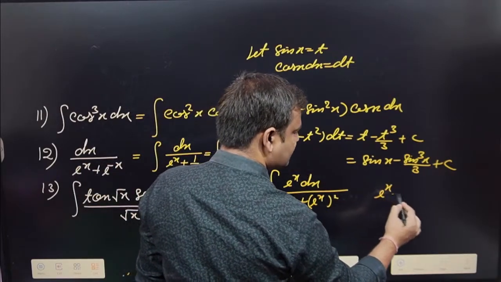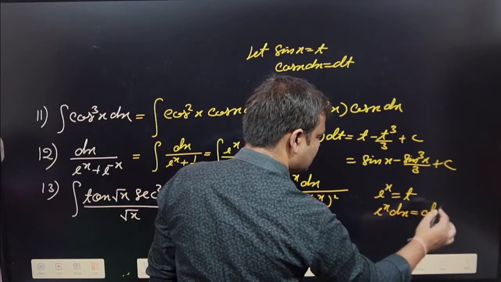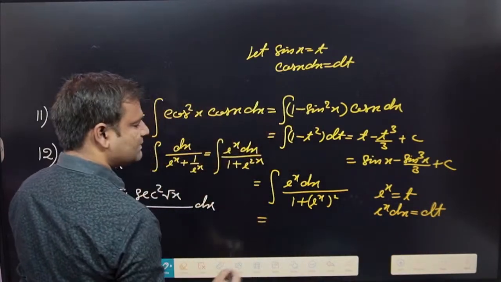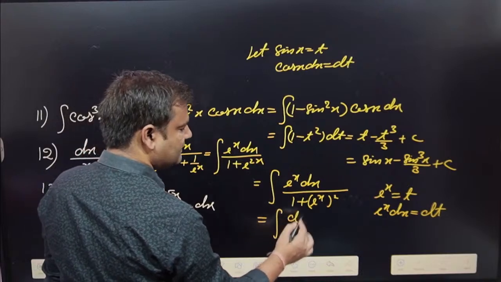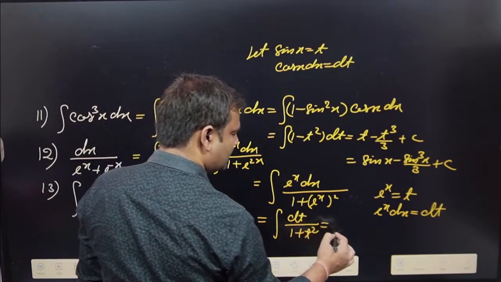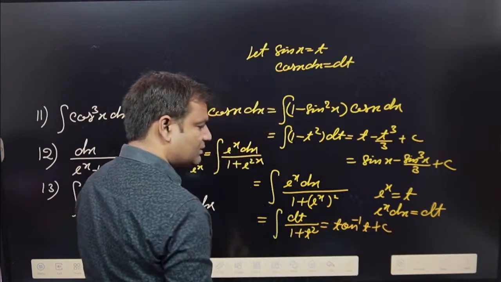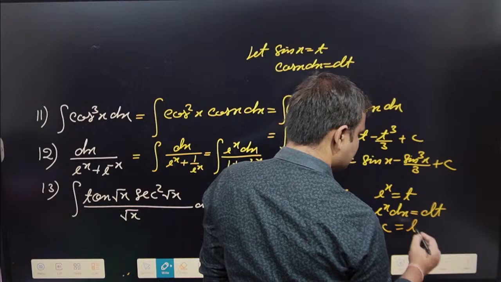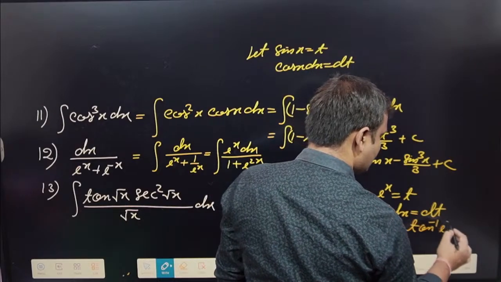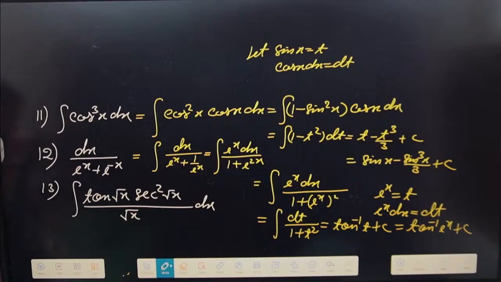Let e to power x be equal to t, so e to power x dx is replaced by dt. After that it is written as dt divided by 1 plus t square, and that is tan inverse t plus c. So t is replaced by e to power x, so simply tan inverse e to power x plus c is the right answer.